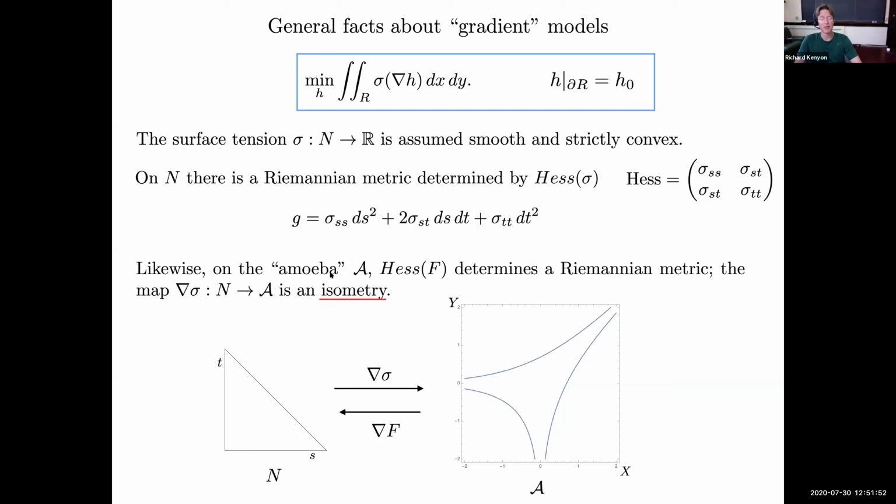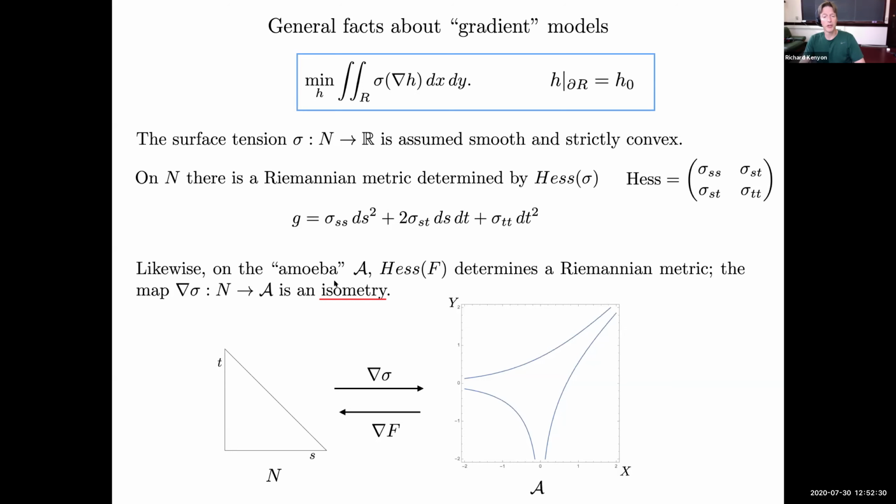So the amoeba, by definition, is going to be the image under the gradient of sigma of the interior of N. And in the case of the lozenge tiling model, it's an exact algebraic amoeba, which has a well-defined meaning in algebraic geometry: the image of a certain algebraic curve under the log map from C2 to R2, where you just take the logs of the moduli of the coordinates.